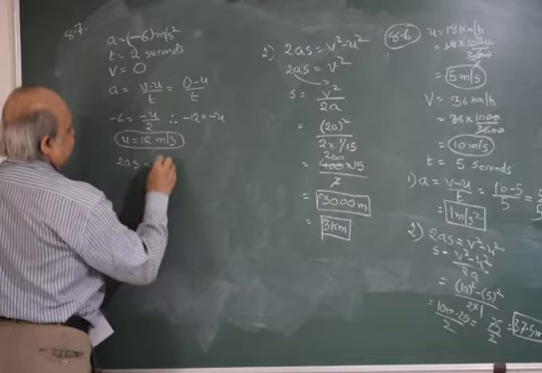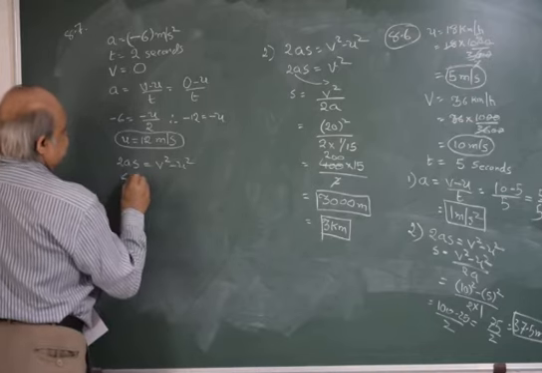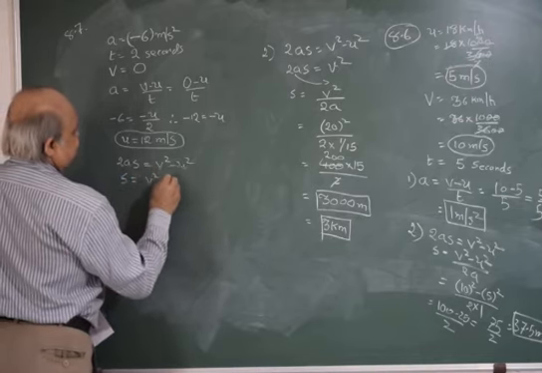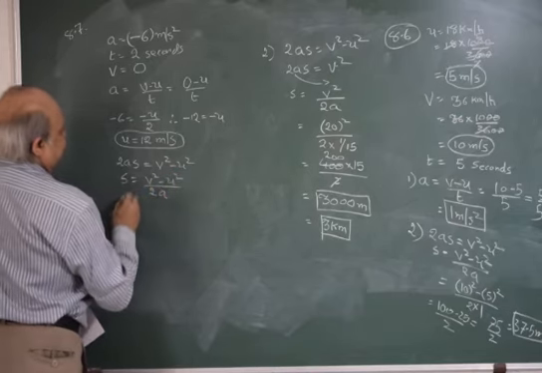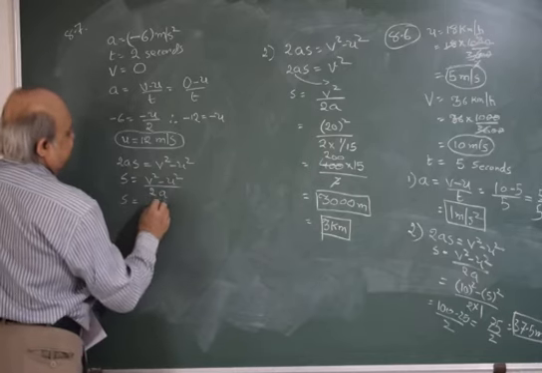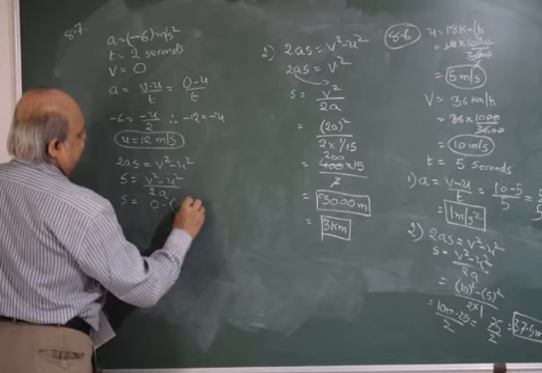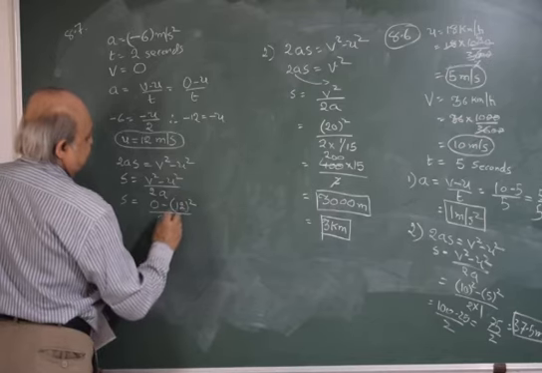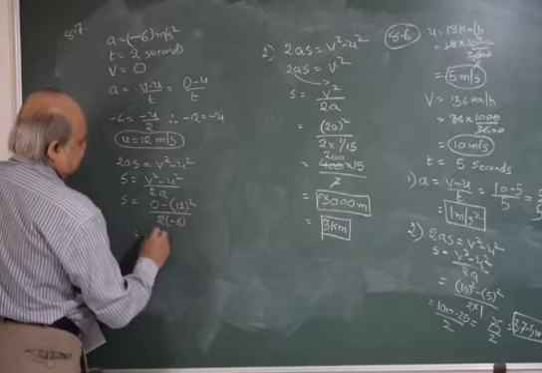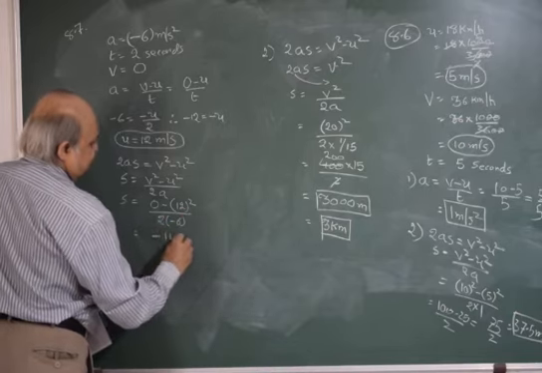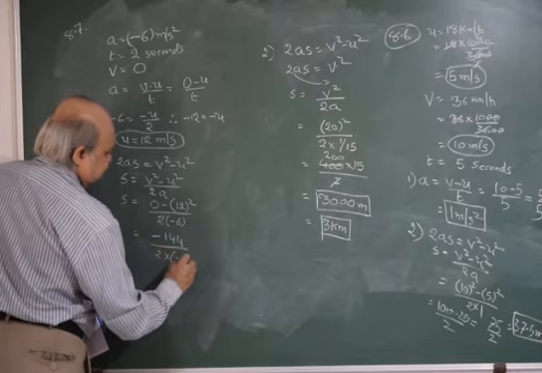2as equal to v square minus u square, distance s is equal to v square minus u square upon 2a. s will be equal to 0 minus 12 the whole square upon 2 into minus 6. This will be minus 144 upon 2 into minus 6.